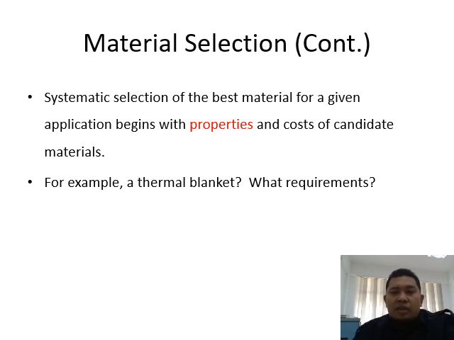So that kind of thing you need to compare side by side. Of course, it's not just tensile strength and cost. You need to have a list of conditions or material properties that you need to consider before you make a table of ranking.